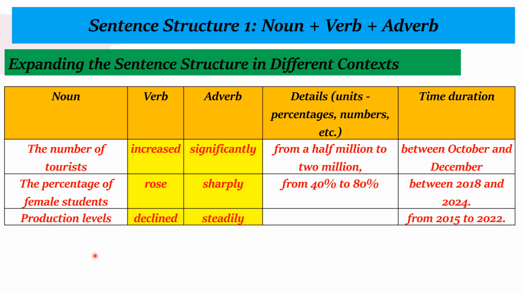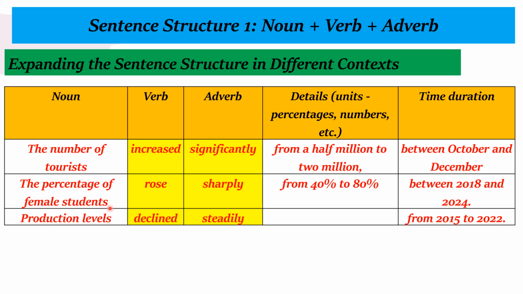Pause the video and take a moment to read the sentences carefully. Now, notice the verb plus adverb combinations in these sentences. Increased significantly, rose sharply, declined steadily. Using different verbs and adverbs can help add variety and precision to your descriptions.